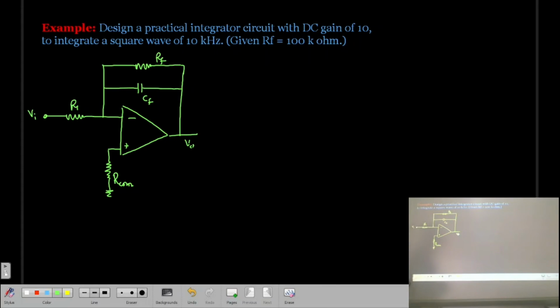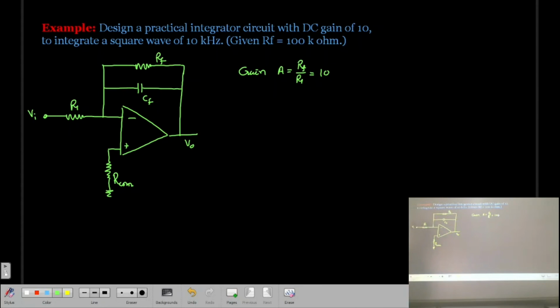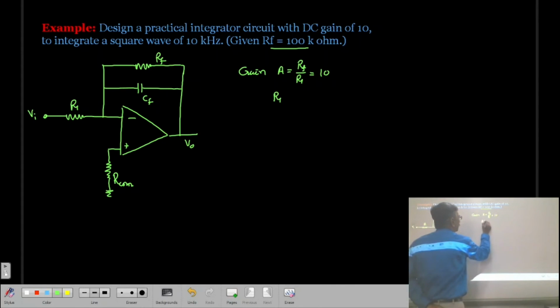Here the gain of the integrator is given, and already we know it is given by RF by R1, and this is equal to 10. But RF is given as 100 kilo ohm.